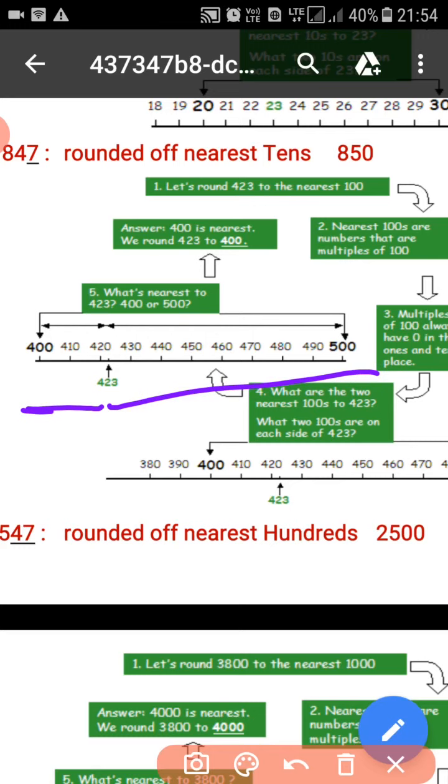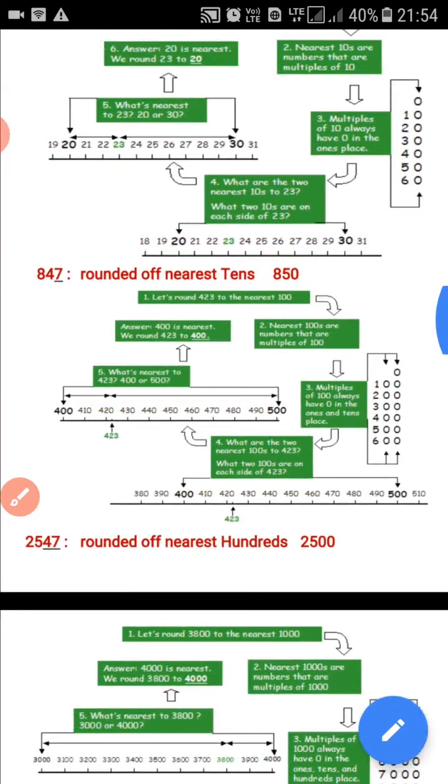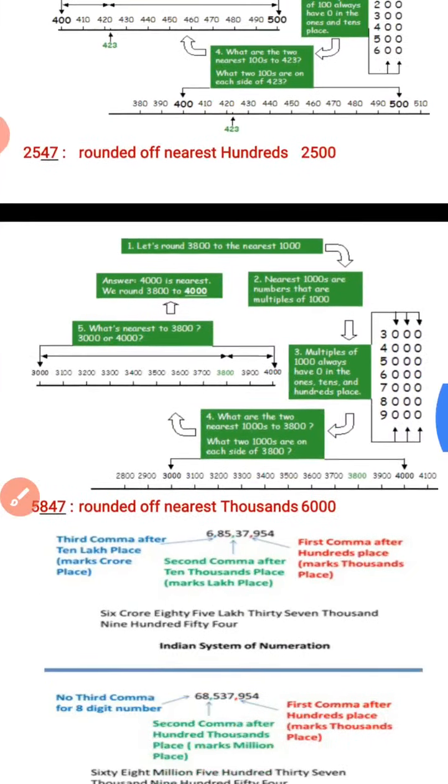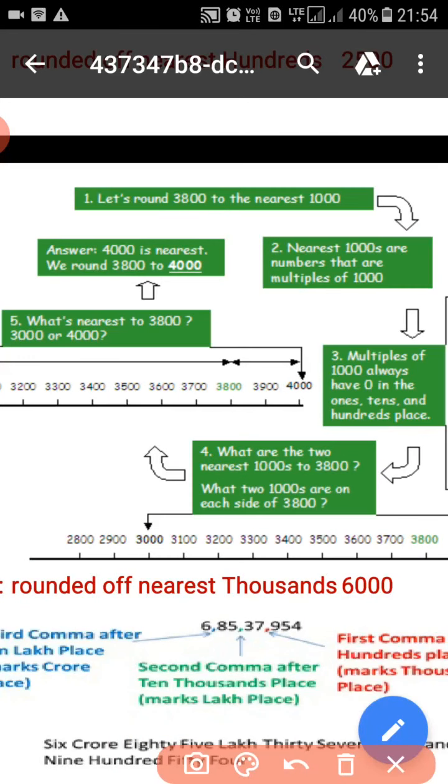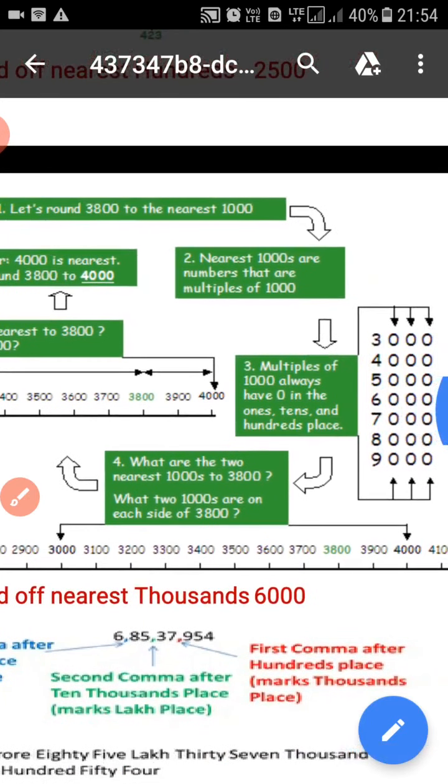Okay. The next is, let's round 3800 to the nearest 1000. In the same way, nearest 1000s are numbers that are multiples of 1000, and multiples of thousands always have zeros at the ones place, tens place and hundreds place. Okay.